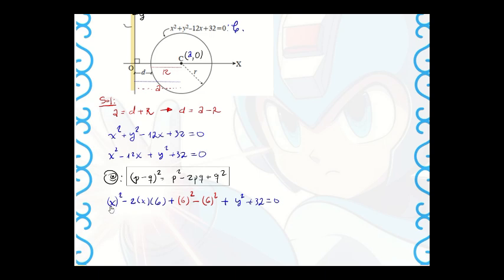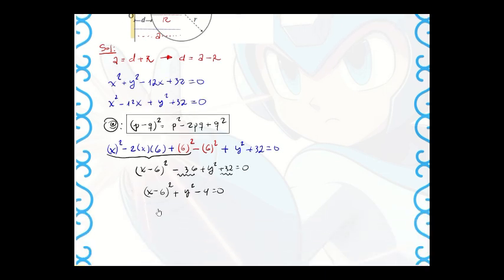Well, we notice that this part is x minus 6 squared minus 36 plus y squared plus 32 equals 0. Let's put together these independent terms. X minus 6 squared minus 36 plus 32 is minus 4. So here is y squared minus 4 equals 0.